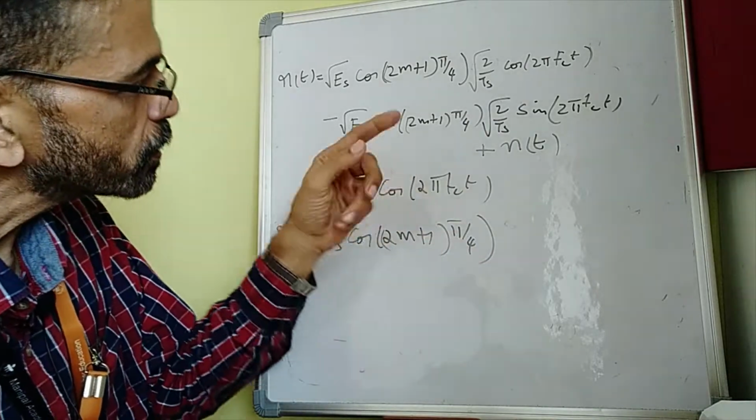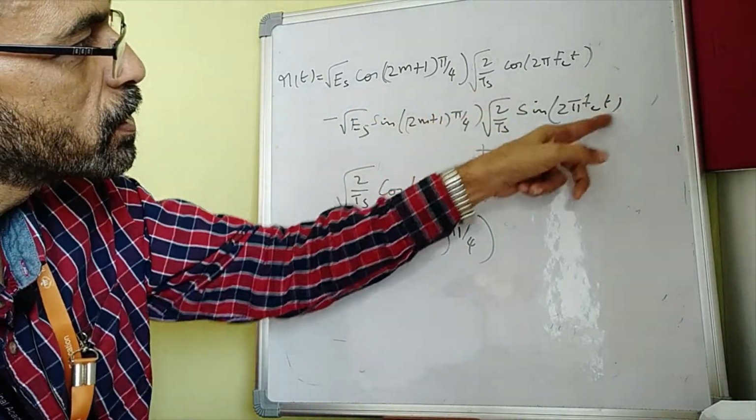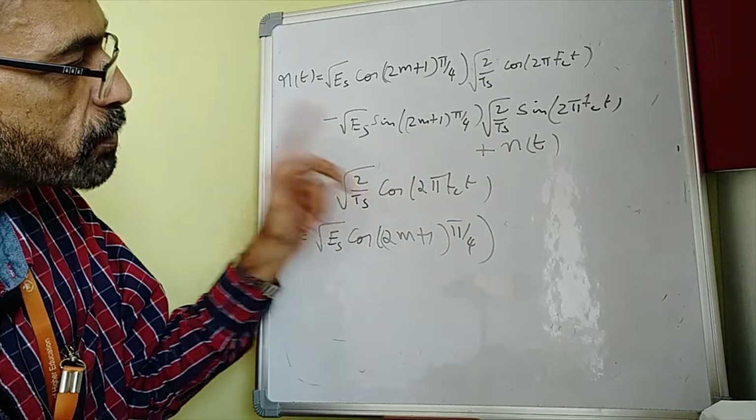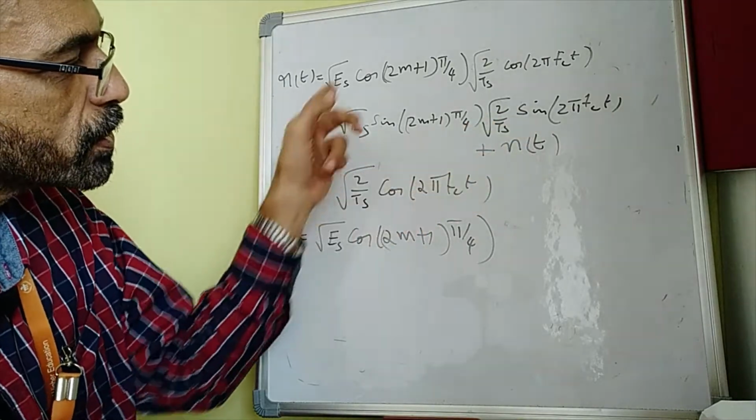And due to the same reason, when you multiply this with the other basis function and integrate from 0 to Ts, since these are orthonormal, the result will be 0.